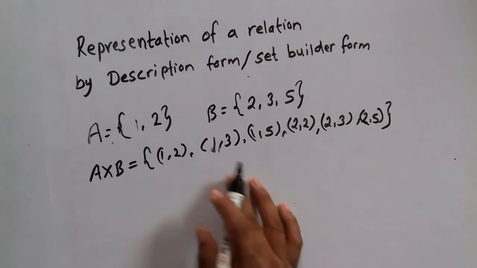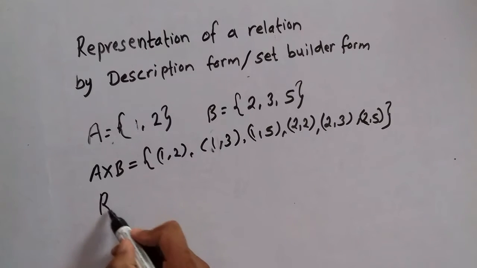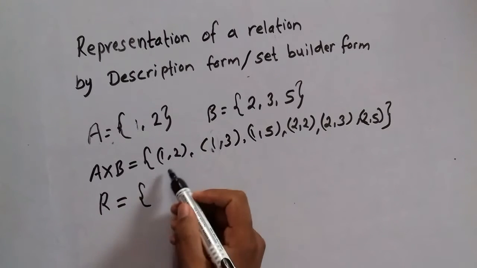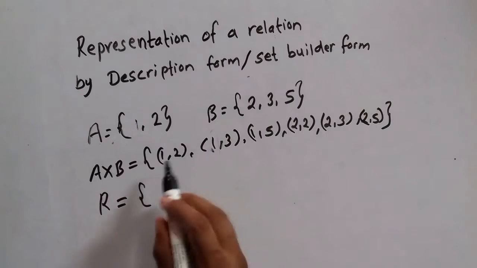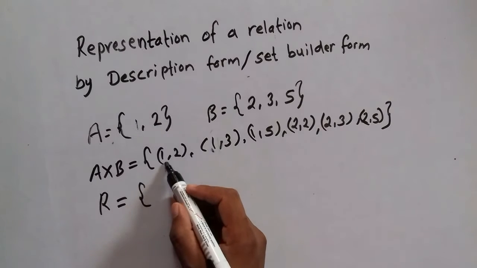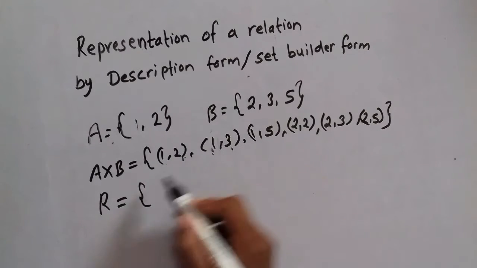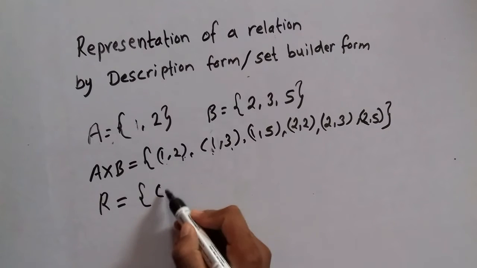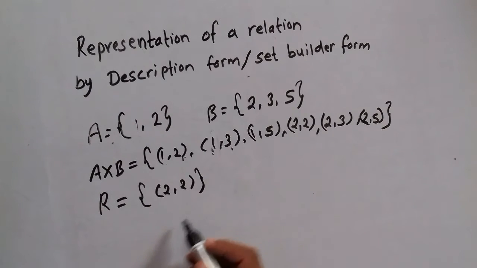Now after this, let us suppose one relation under which we are going to find x is equal to y. From here, this is not equal, so I am going to write it directly. Here x is equal to y is only 2 equals 2, so this is our relation.